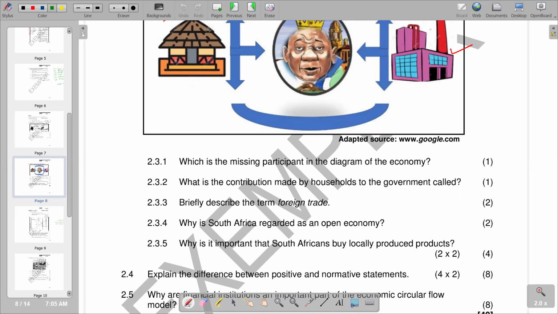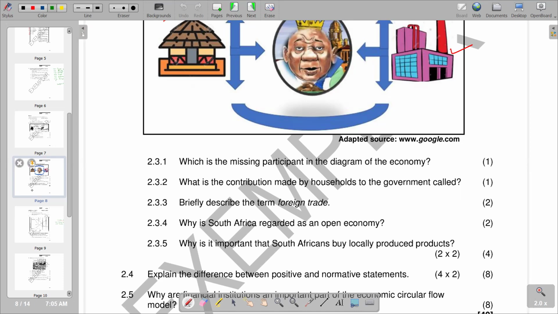For example, here in South Africa, when we are exchanging goods within parties that are inside the South African economy, we call it internal trade. But as long as we exchange with parties that are outside the country, we call it foreign trade.